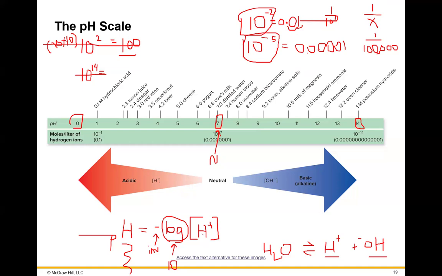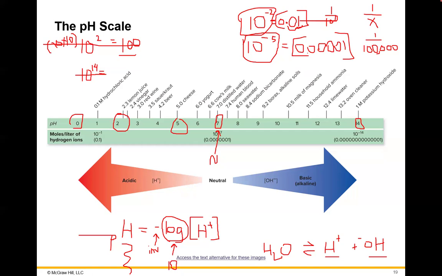So pH of 2 means 10 to the -2. pH of 5 means 10 to the -5. Okay, so pH of 2 means you have more hydrogen ions, because that's literally the concentration of the hydrogen ions. Your concentration is this, or your concentration is this. Literally. Okay, so that's where those numbers are coming from.